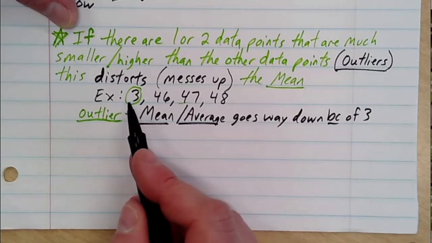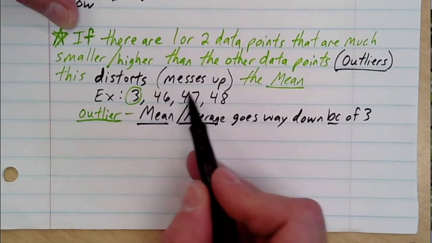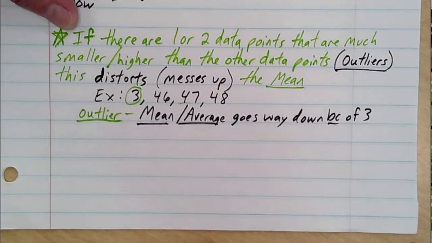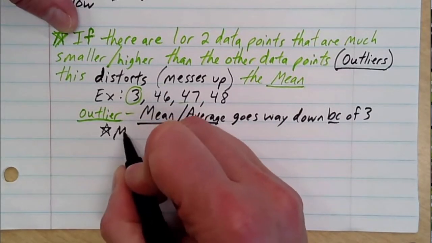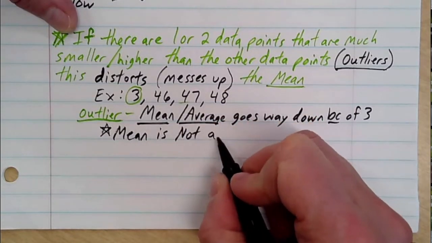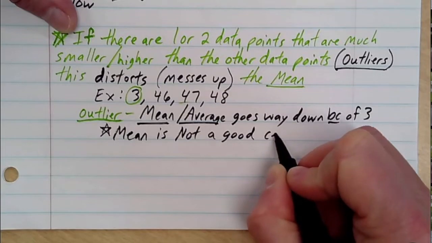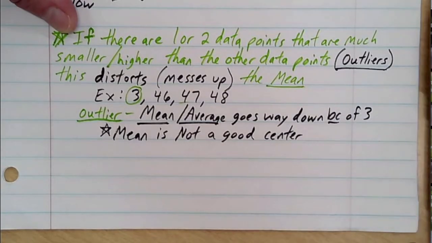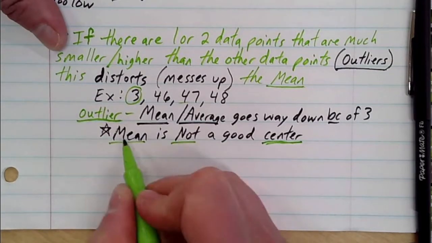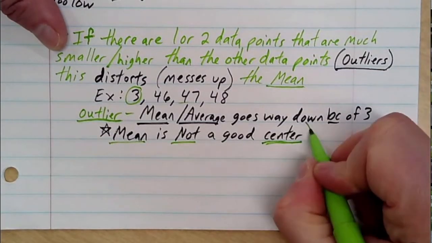So that's not a good measure of center, because your best measure of center between these numbers would be 47, but your 3 is going to bring your mean way down. So put a star here that your mean is not a good center. Makes you seem faster, and that's good when you're competing, but it's not a really good measure of your center or what occurs the most often.